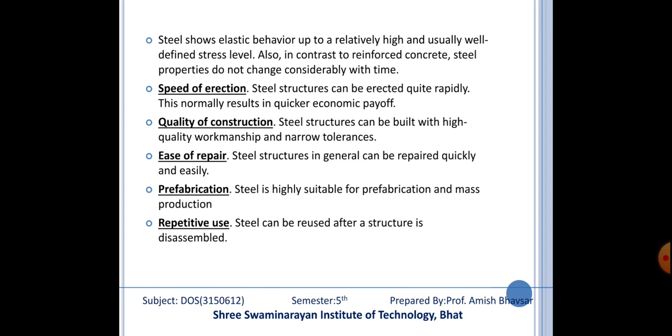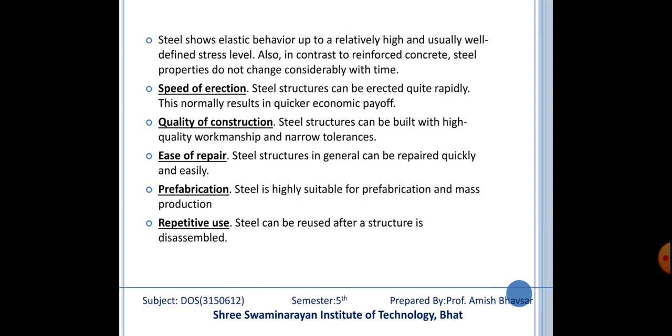The steel structure in general can be repaired quickly and easily. Suppose some member of the steel structure is lightly damaged, then we can remove that member and repair it easily. But in RCC structure, we can't do that. We must demolish first and after that recast.